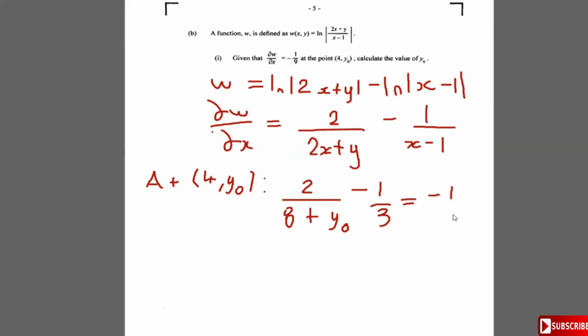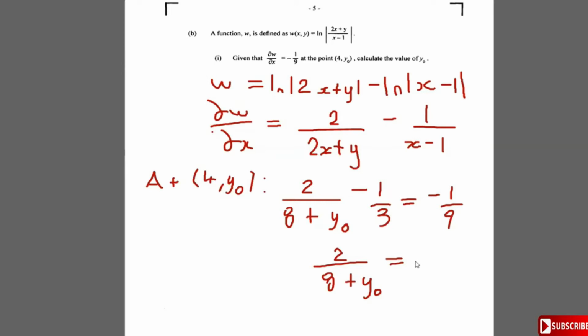Okay, so what we can do now is bring over the minus 1 over 3 to get 2 over 8 plus y naught is equal to, when you bring over the minus 1 over 3, you add 1 over 3 to both sides. So minus 1 over 9 plus 1 over 3, you get 2 over 9.